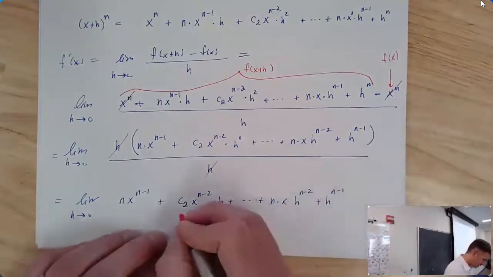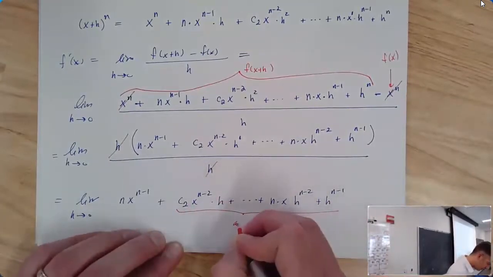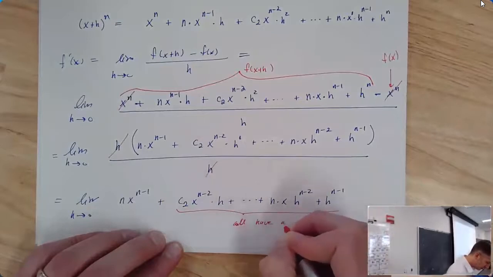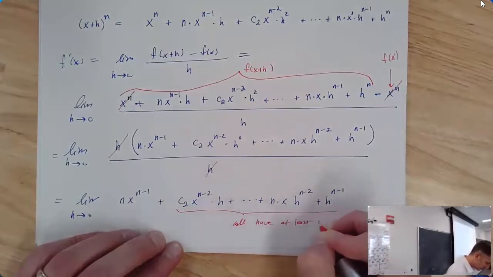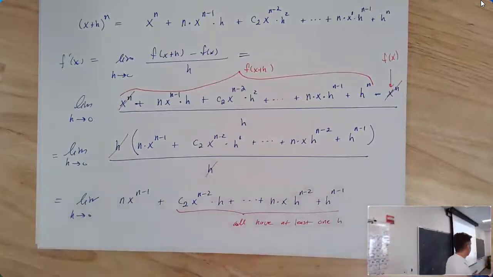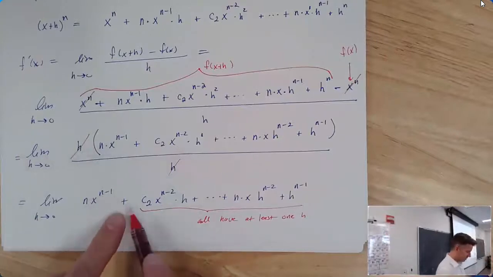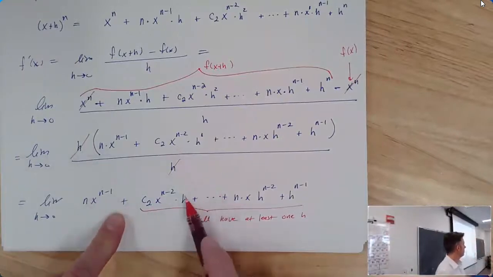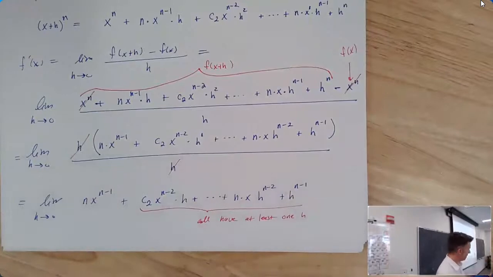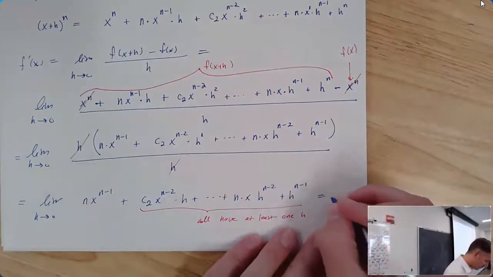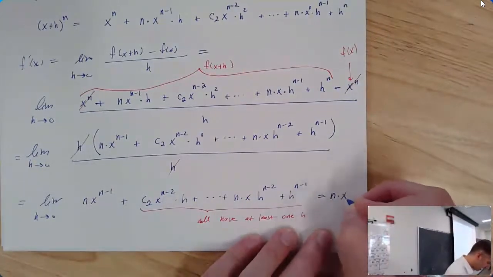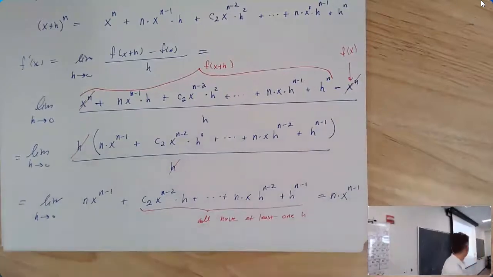So all of these things have at least one h, meaning when you plug in h going to 0, they're all going to go away. They're all going to become 0. I'm going to get n x to the n minus 1 plus 0 plus 0 plus 0, a bunch of times. This is just going to end up being n times x to the n minus 1.